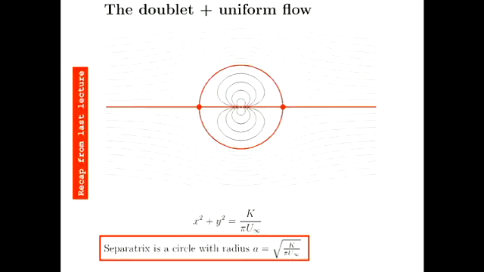And you can see, I guess the most important point from this was that the radius of the circle was uniquely related to the strength of the doublet K, and also the magnitude of that oncoming uniform velocity U infinity. So, however confusing it was deriving or conceptually trying to consider that doublet, we should at least be able to go forward and use that as a new building block flow.